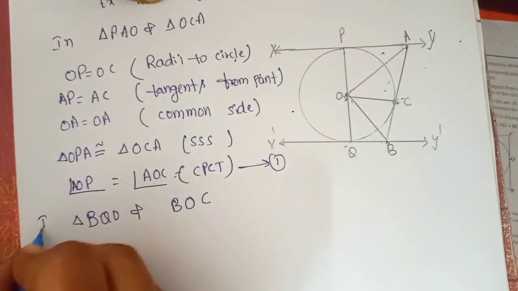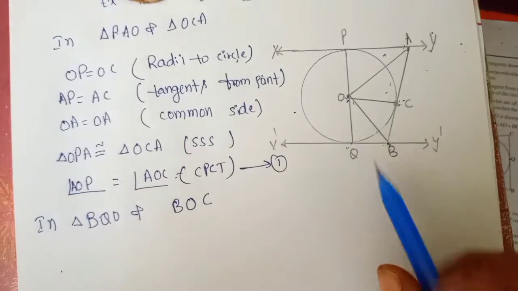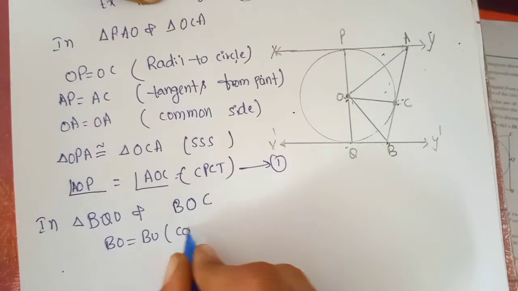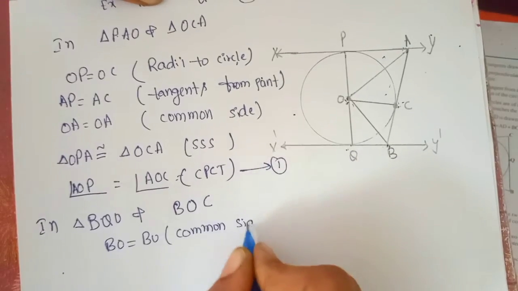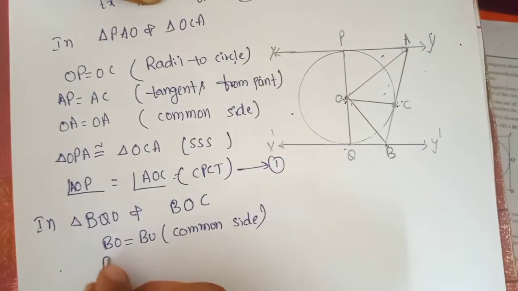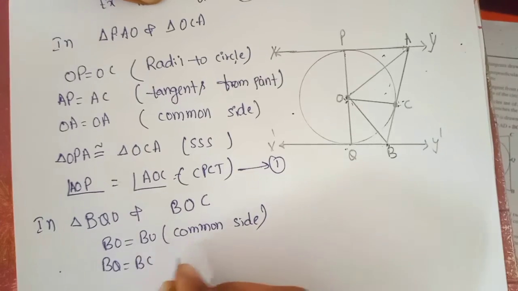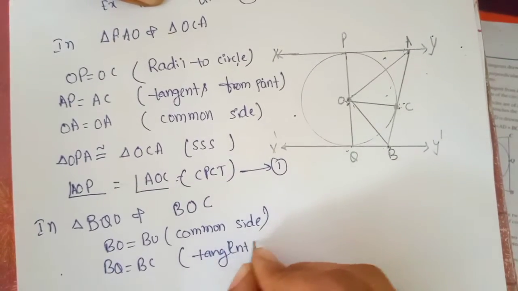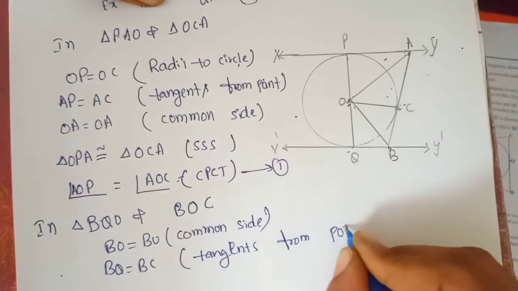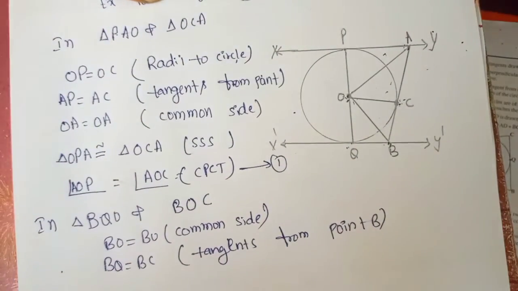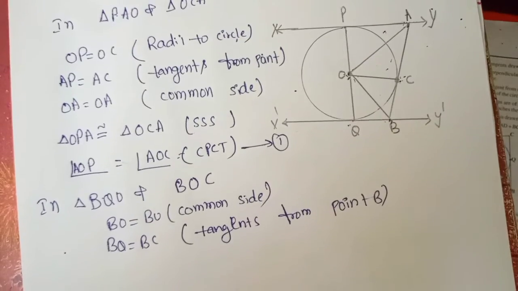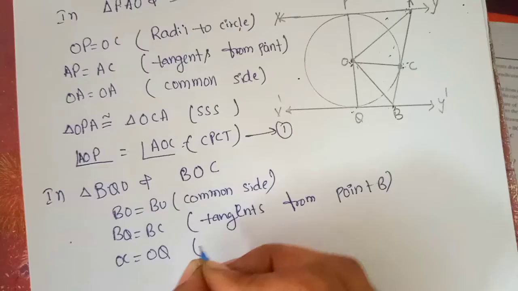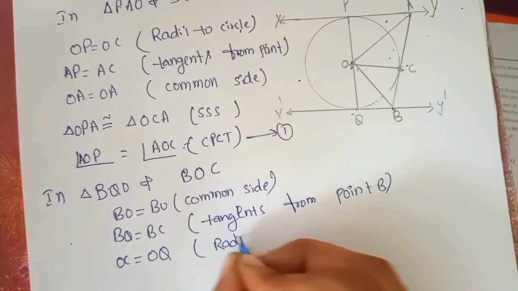Okay. In triangles BQO and BCO, BO is equal to BO, that is common side. And also BQ is equal to BC, these are tangents from point B. And also OC is equal to OQ, these are radii of the same circle.